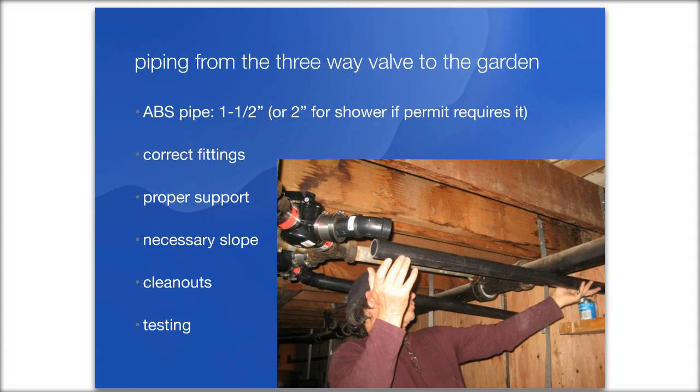So I guess in that case it would be a question of, is it going to be inspected? What are the ramifications of putting that three-way valve in between the shower trap and the vent?